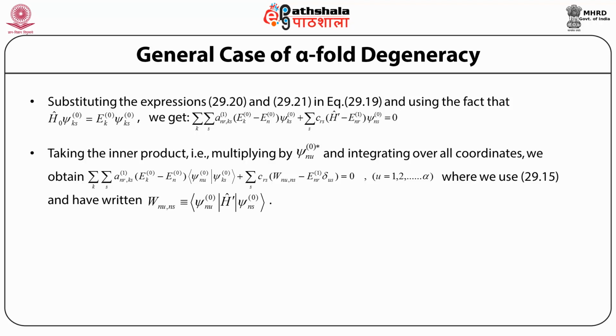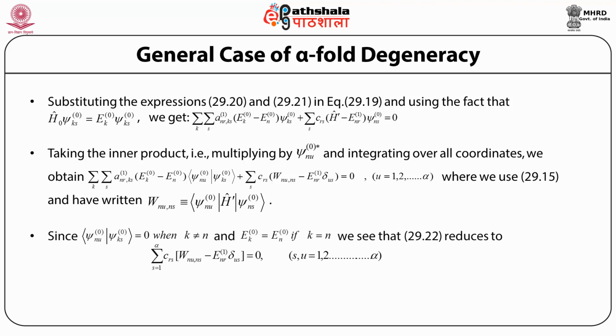Here u can take 1, 2 till alpha, where we use 29.15 and have written W nu ns equals psi nu0 H prime psi ns0, and the scalar product of psi nu0 and psi k0 is 0 when K is not equal to n, and EK0 is equal to EN0 if K equals n.